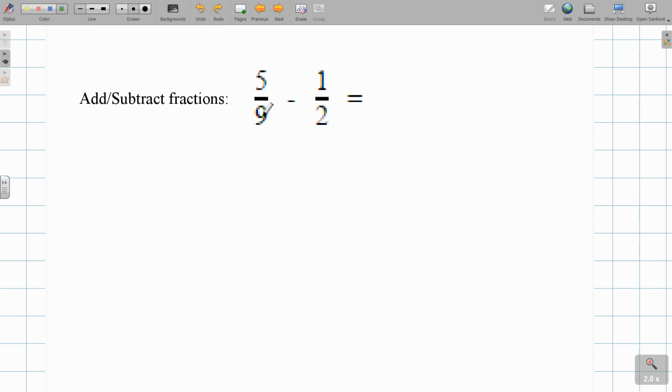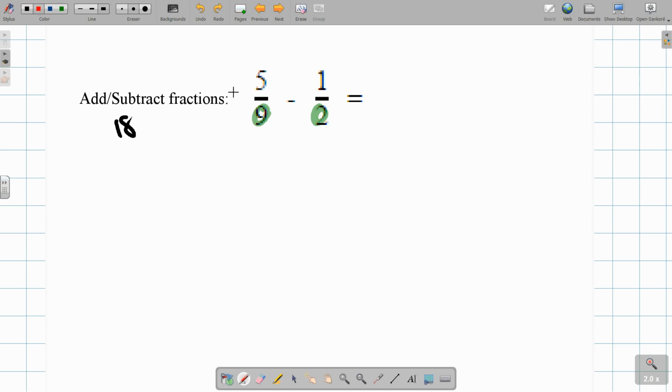Adding and subtracting. We find that our LCD there is 18. Little baby 18 there.